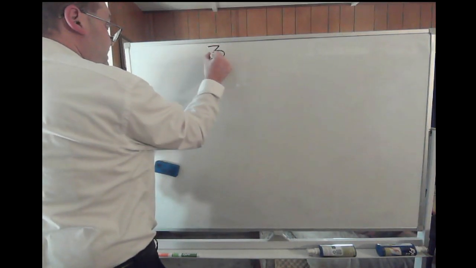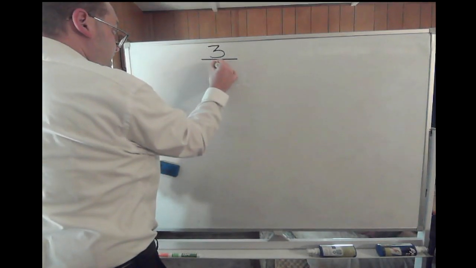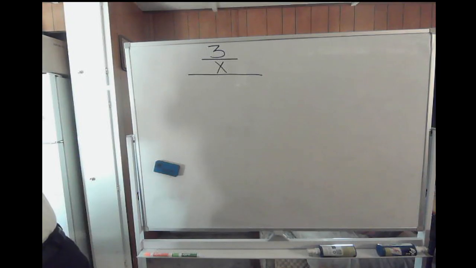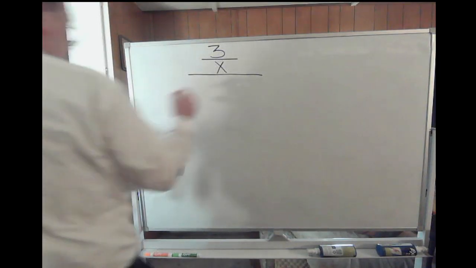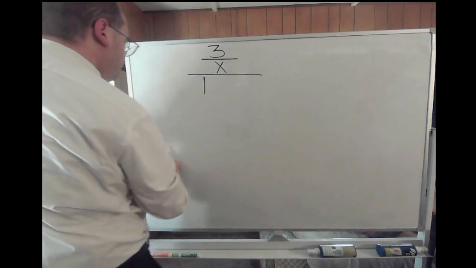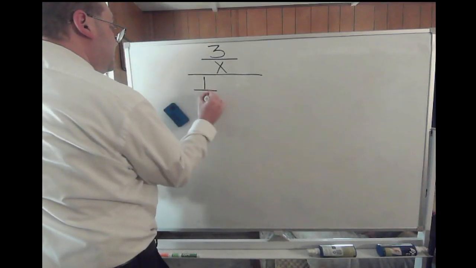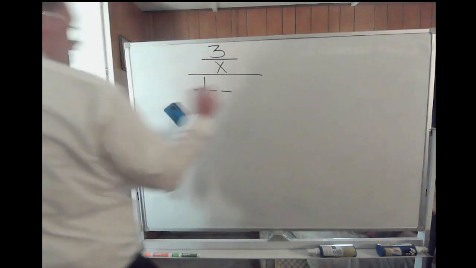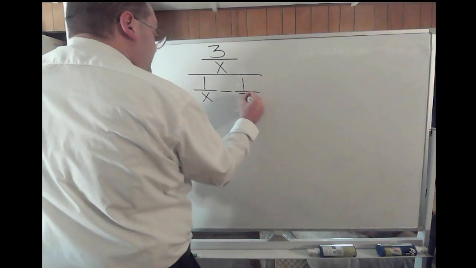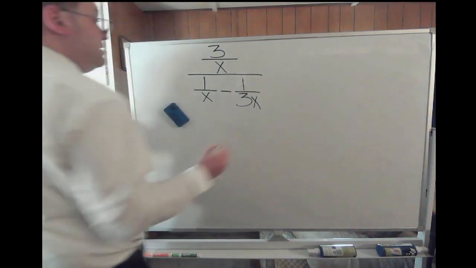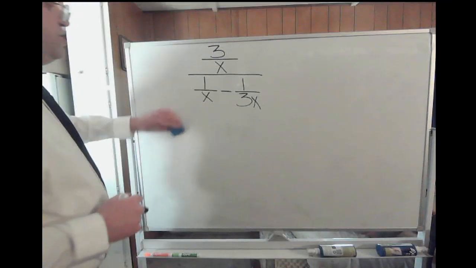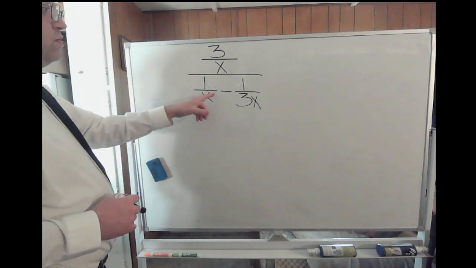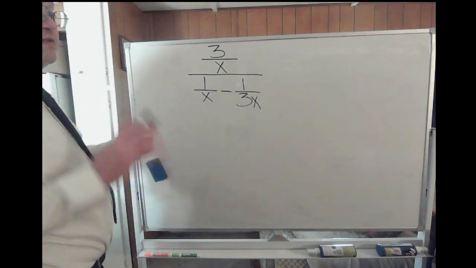We have 3 over x all over 1 over x minus 1 over 3x. Alright, so now this changes a little bit. We have 3 over x all over 1 over x minus 1 over 3x.